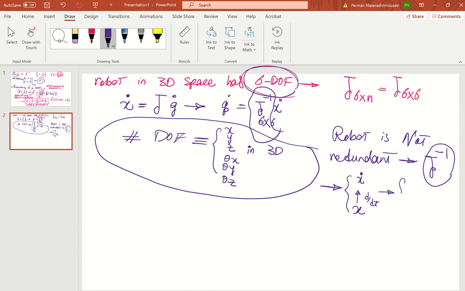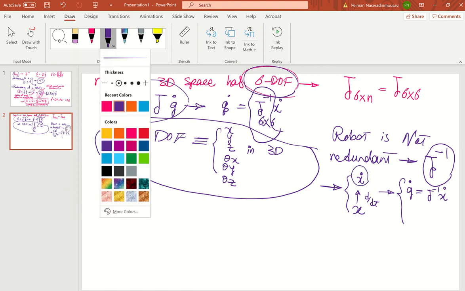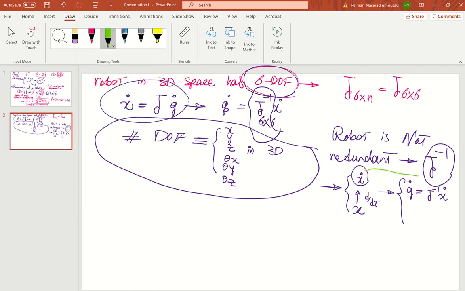When you have that, now you can calculate based on this relation q dot of the joints as the Jacobian inverse times x dot, because you got x dot from here. Now you have q dot. Now if you integrate, you get the q's.